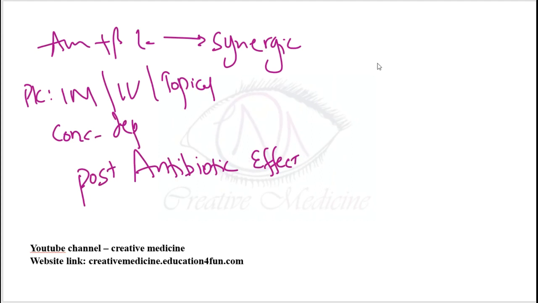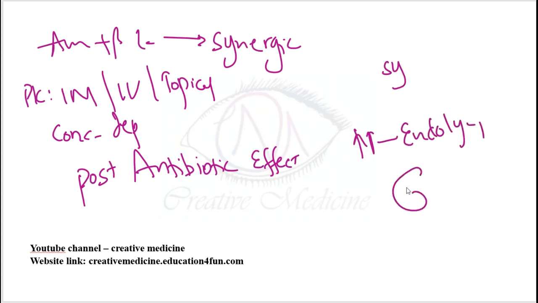They are in low concentration in some fluids in our body, like synovial fluid, pleural fluid, and peritoneal fluid. They are in high concentration in endolymph, and in the renal cortex. And thus they cause ototoxicity and also nephrotoxicity.